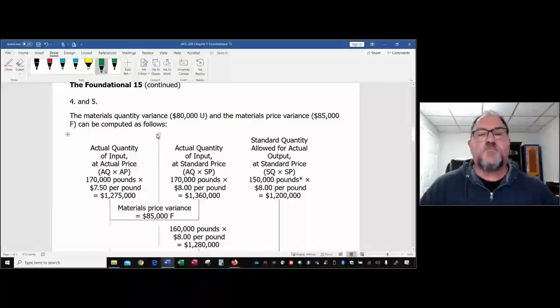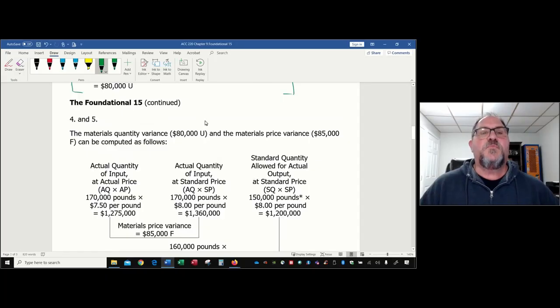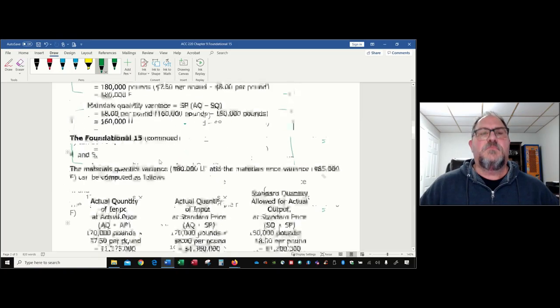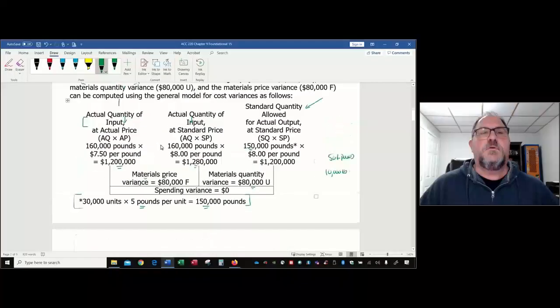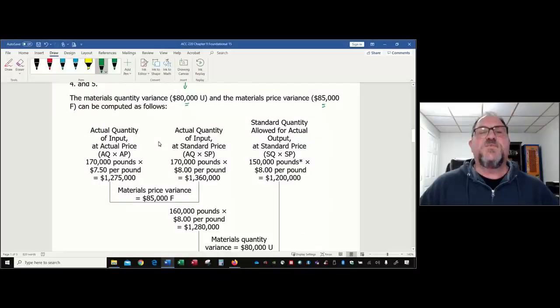Okay. So now, the materials quantity variance, that $80,000 we just saw, that was unfavorable, and the materials price variance, 85,000. How did they get 85,000? Oh, because of what they purchased. They purchased 170,000 pounds. So notice here, if you take a look here, the difference here is between the pricing, right?